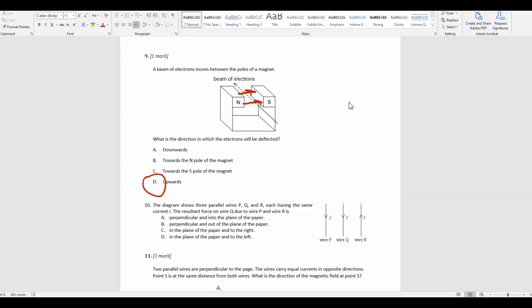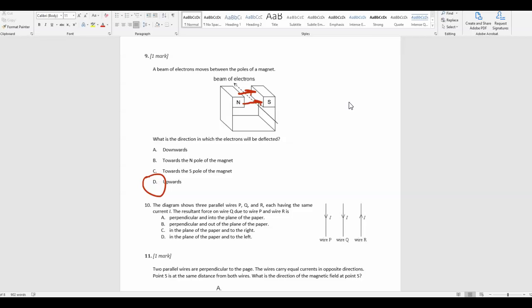And if you do the same right-hand rule for wire P, you put your thumb going down, because for wire P the current is going down. When you curl your fingers around that wire, when they get to the right side of wire P, they are also coming out of the page. And so both P and R create a magnetic field that at the location where wire Q is coming out of the page.